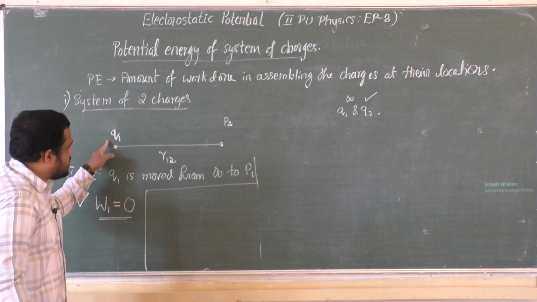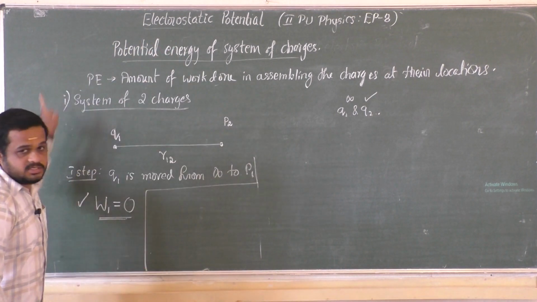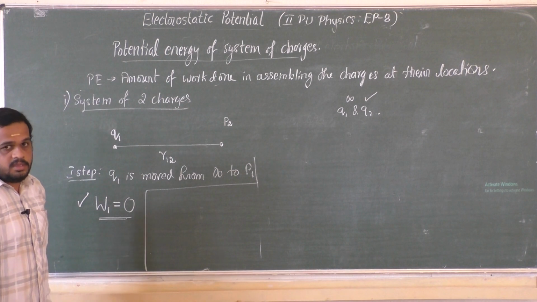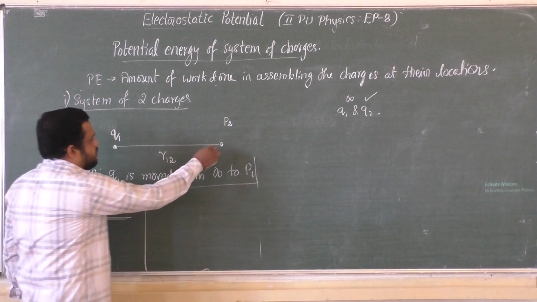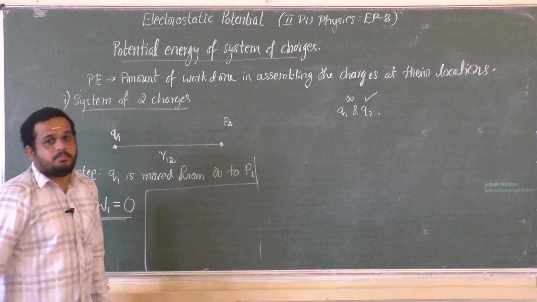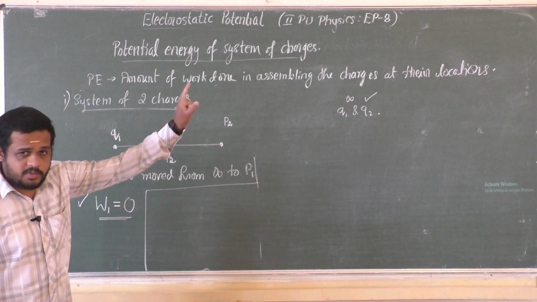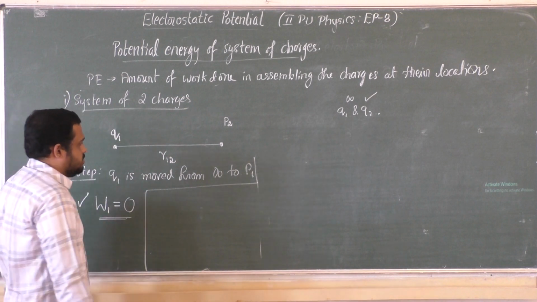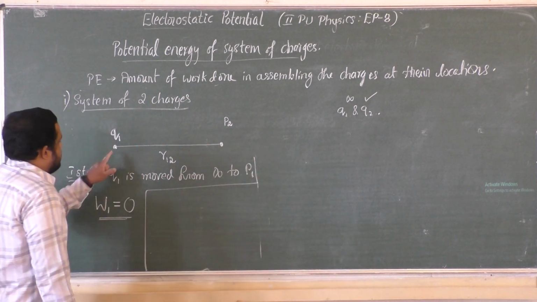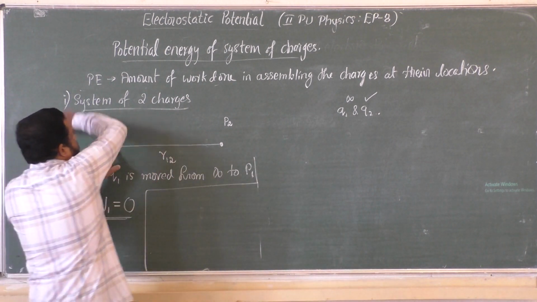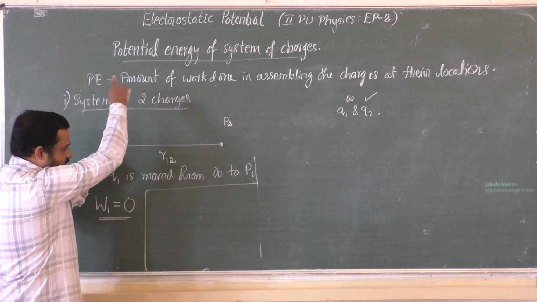We know that a charge produces an electric field in its surrounding region. Inside an electric field, at any point, there will be some potential value. What is potential? Amount of work done in bringing unit positive charge from infinity to a given point. Now Q1 is there. It produces an electric field in its surrounding region.